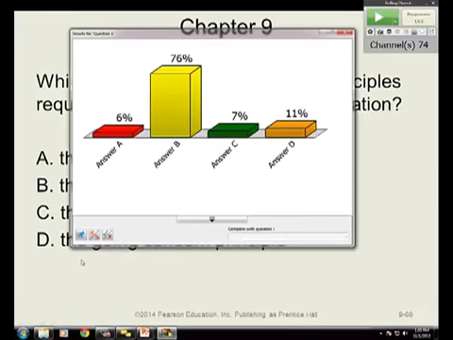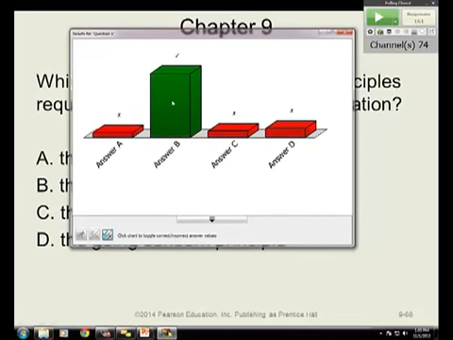Okay. All right, so yep, it is matching. So the matching concept is the appropriate answer.